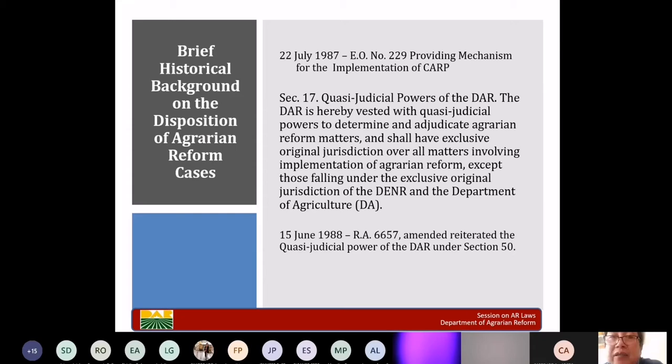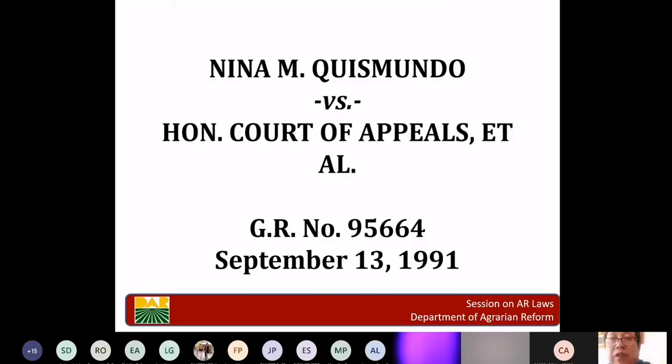So, DAR under EO 229 was given a quasi-judicial power. Now, in the case of Nina Quismundo versus Court of Appeals, the tenant of the landowner here, the tenant of Nina, filed the case before the regional trial court for the change of their relationship from shared tenancy to leasehold tenancy.